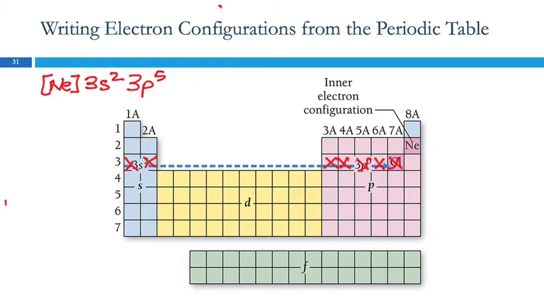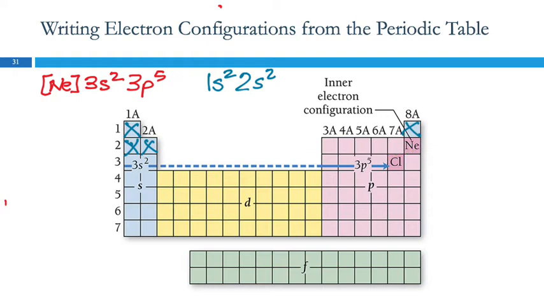What if we want to do the whole thing and not take the shortcut? Why would we want to do that? Just humor me. Let's do a different color. Well, if we're just going to start at the beginning, here's 1. This is the S block, and that guy's not where he's supposed to be. But 1s, 2. And then we're going to go 2s, 2.